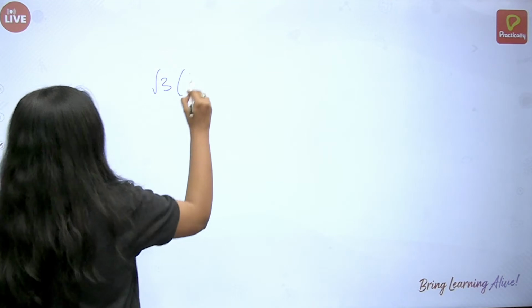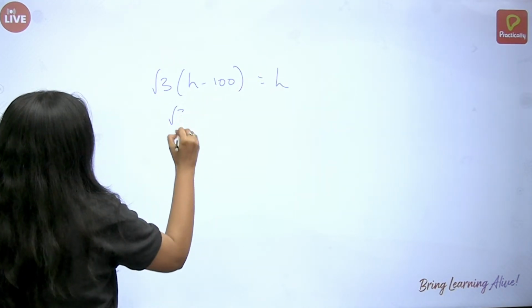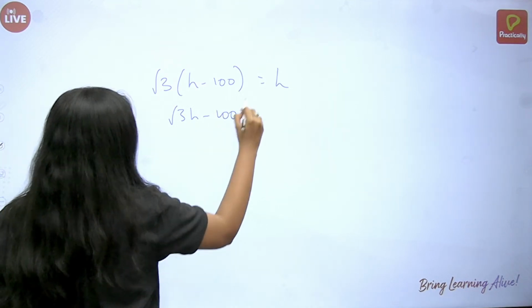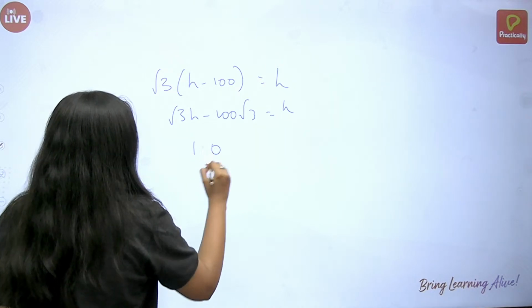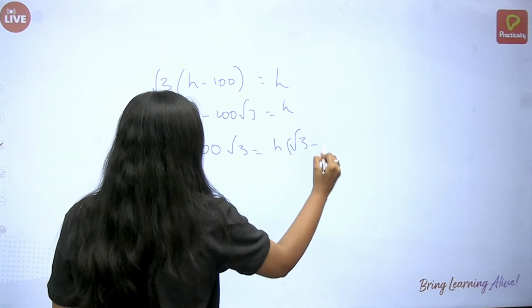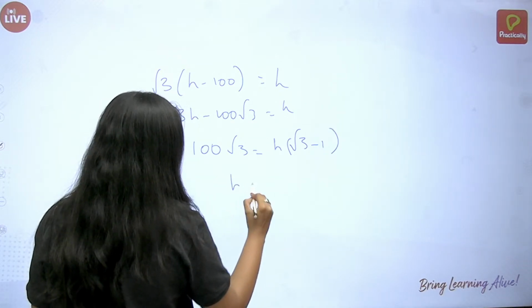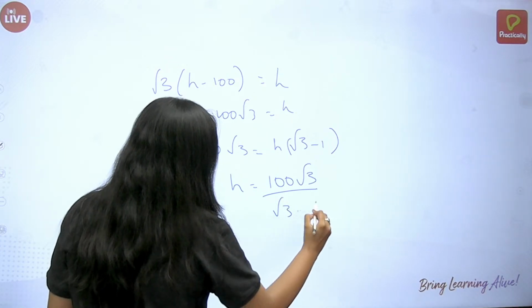So root 3 of H minus 100 is equal to H. Root 3 H minus 100 root 3 is equal to H. 100 root 3 is equal to H of root 3 minus 1. H is equal to 100 root 3 by root 3 minus 1.